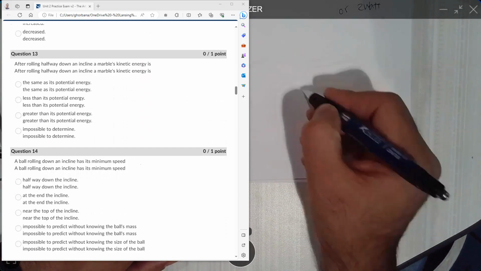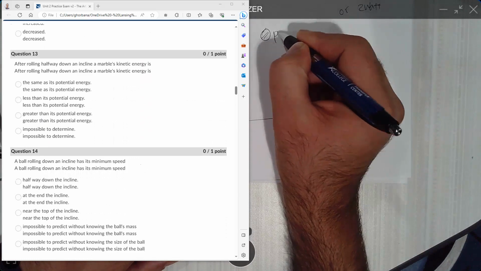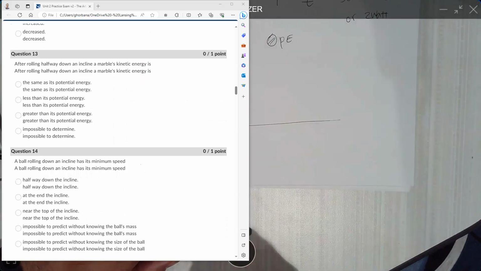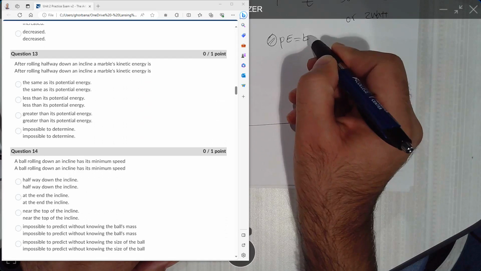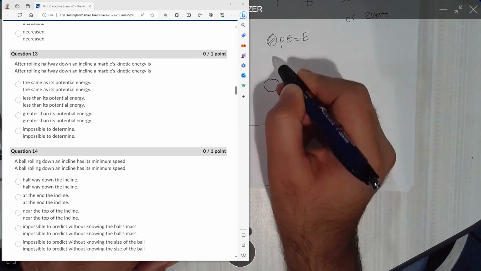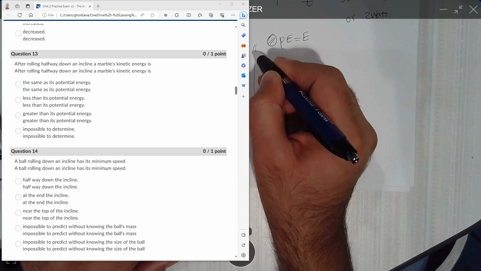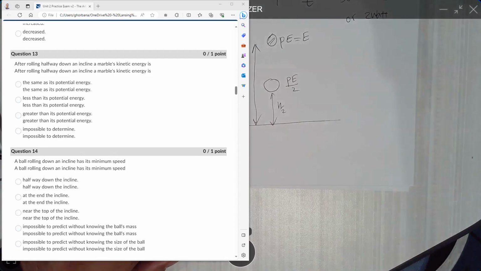So why? Let's say we have a potential energy on the top. This is the entire total energy. In the middle, if this is a height and this is half a height, the potential energy becomes half, yeah?